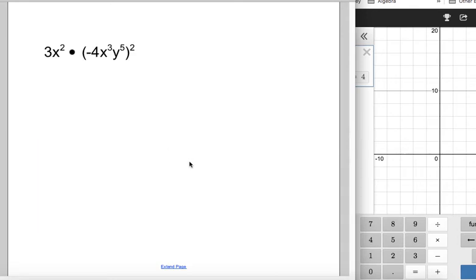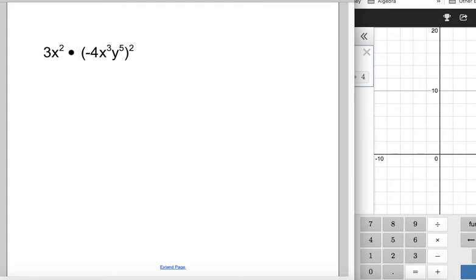On this one, we have a combination of power to power, as well as multiplying expressions together. So the first thing we're going to do is deal with this power to power. If you have parentheses, you definitely need to simplify your parentheses first.